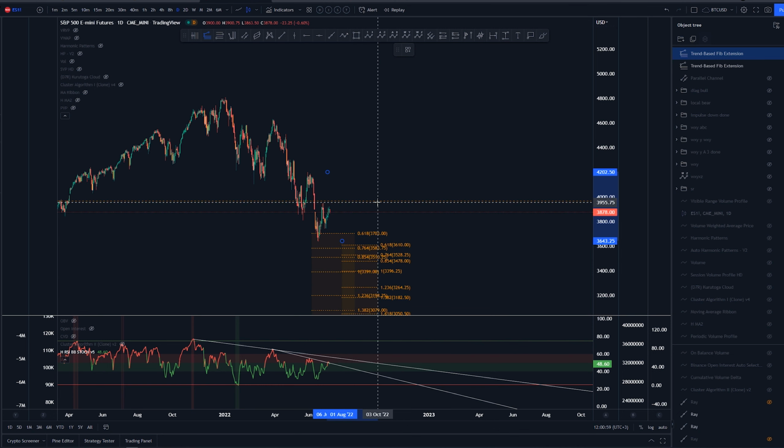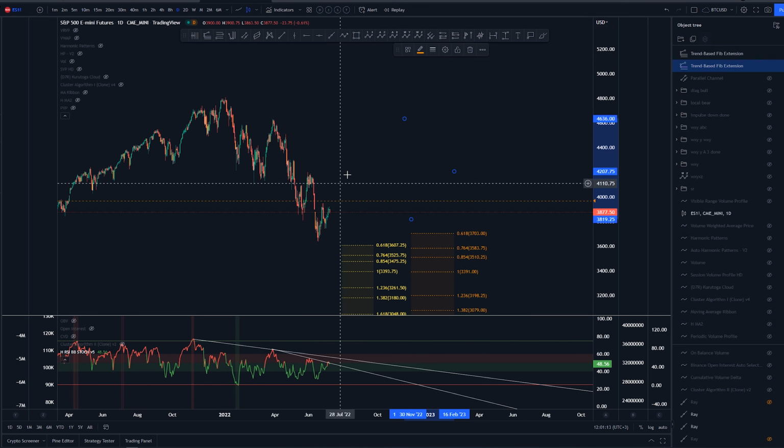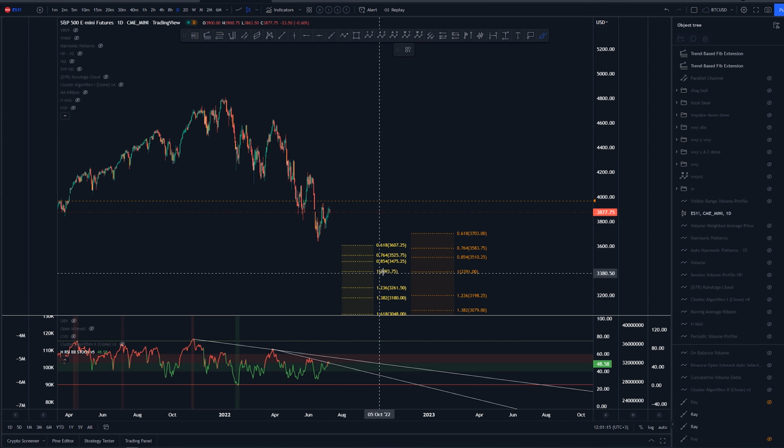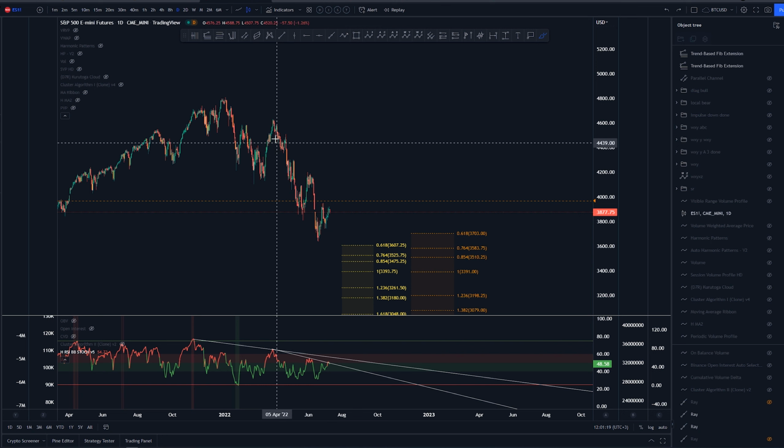So if we are again looking at something like this and taking out the current highs, for example, here, or just pivoting from the current highs that we had from around the 27th of July, or June. There we go. We can see that one-to-one extension, both of them are lining up very well here.